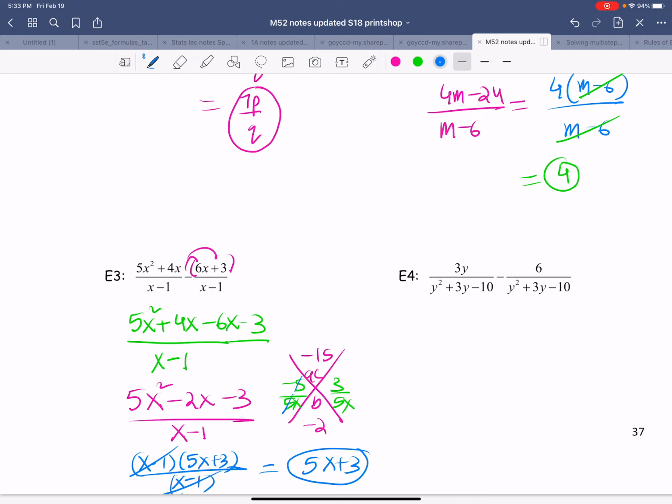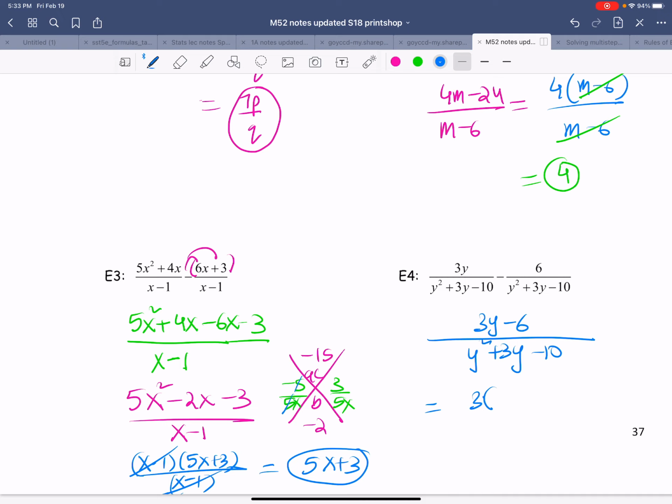Okay, example number 4. Again, I do have the common denominator, and both the fractions have the exact same denominator. So go ahead and write it as a single fraction with the common denominator as the denominator of the new fraction, and combine the numerators.